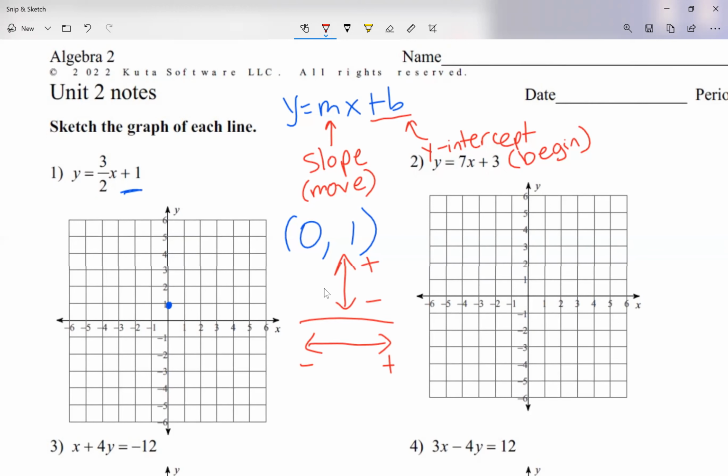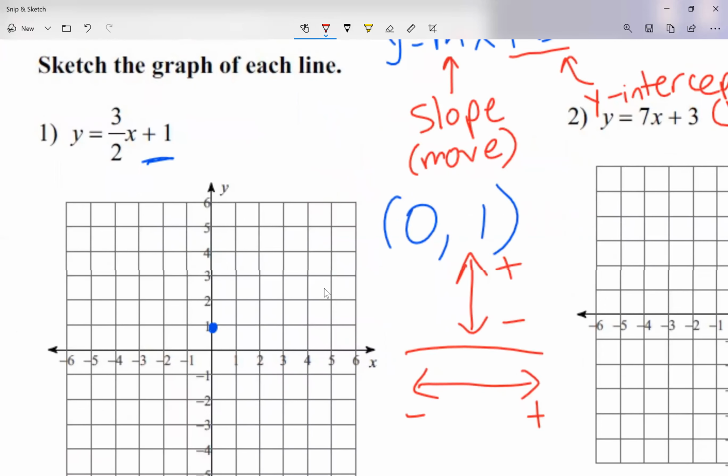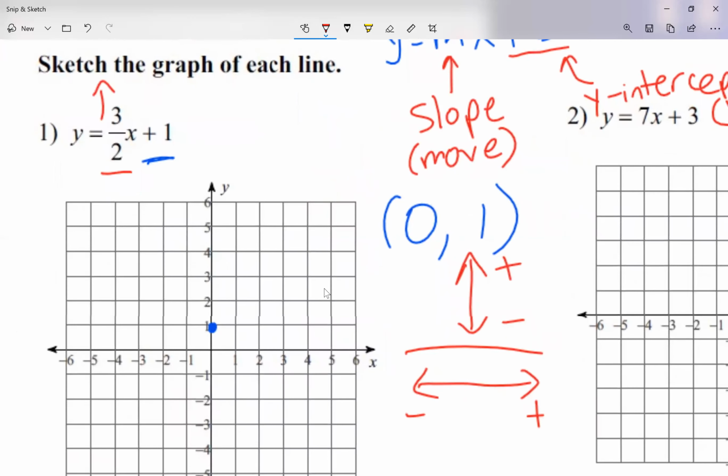Now, I see here I have 3/2. So what this is telling me is I'm going to go up 3 and then 2 to the right.